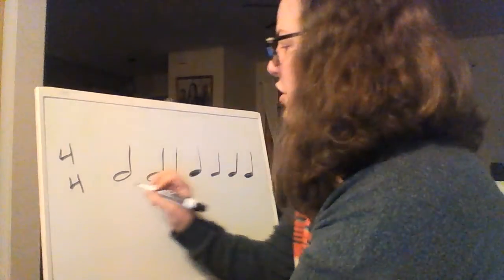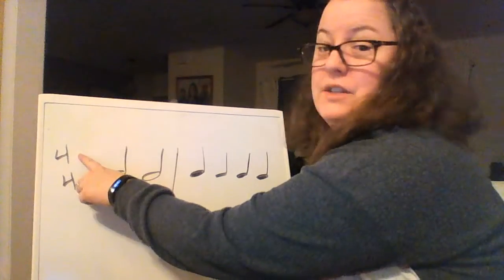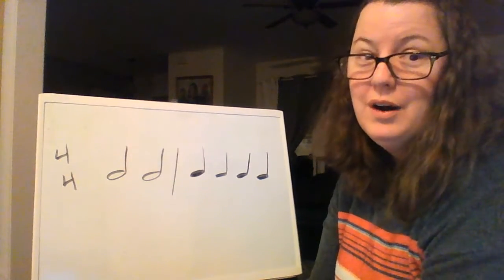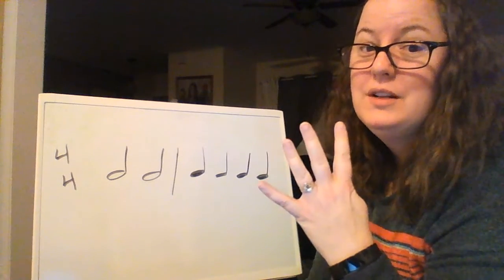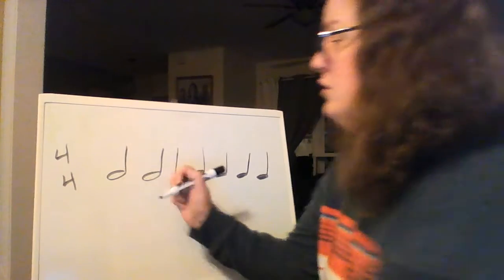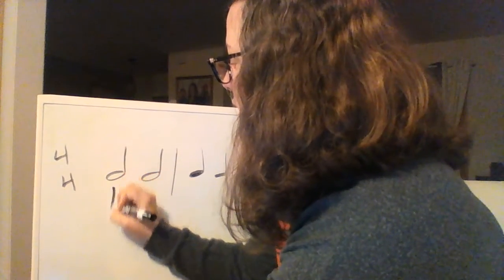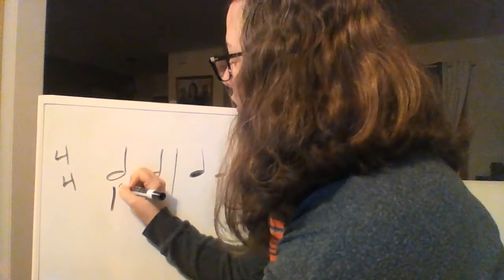Okay. So how many counts does a half note get? Remember, it gets half of a measure. A measure gets 4 beats. So half of 4, remember those donuts, you get 2. If you have 4 donuts, you give half to your friends, you've got 2. So half of 4 is 2. So this is a big 1. What do you do with the 2? Got to make sure it's little.